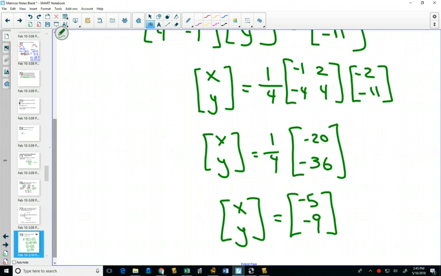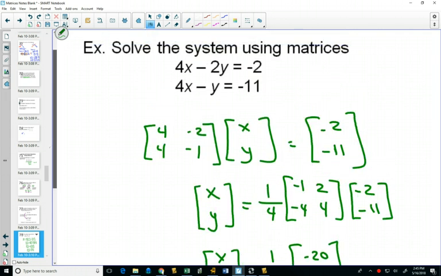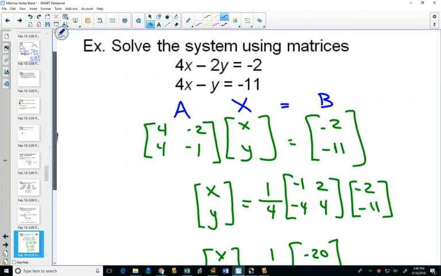Off to the side, to help see what I did, first of all I set up my matrix. So I'm going to call this A, this matrix X, this B. And so we can follow along with what I did.